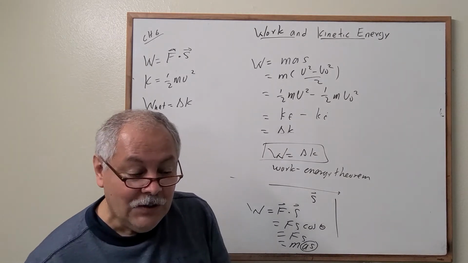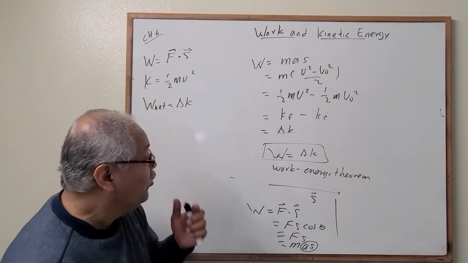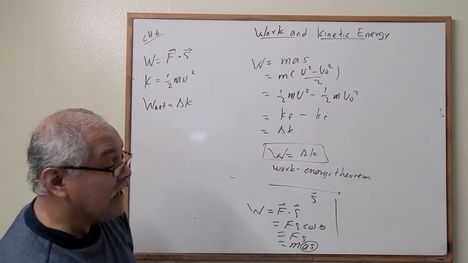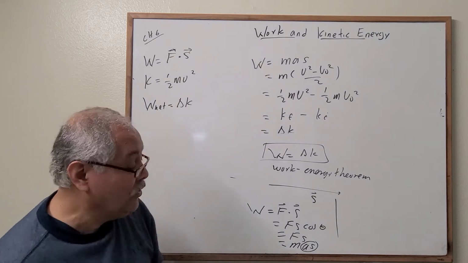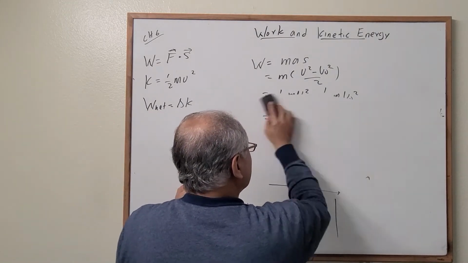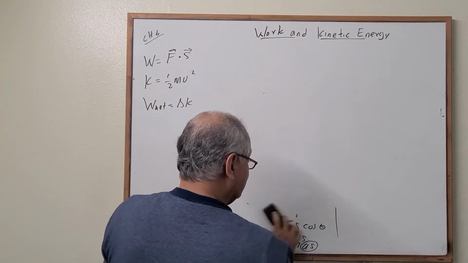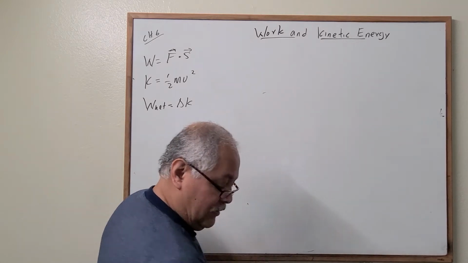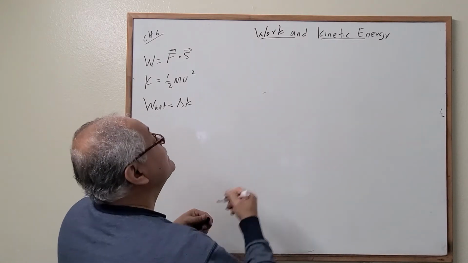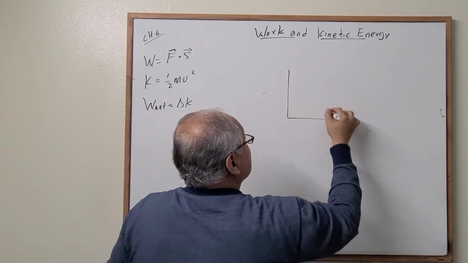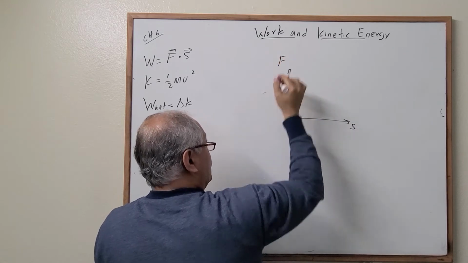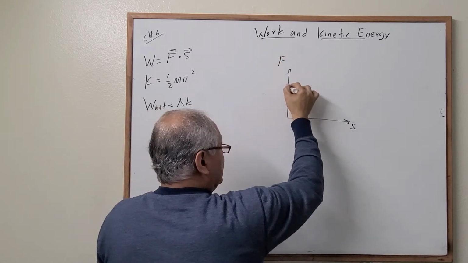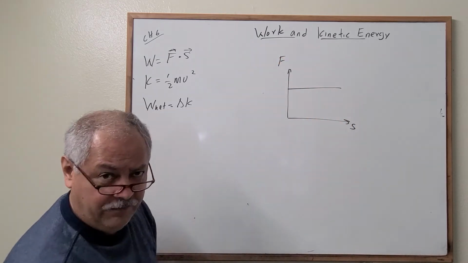Perfect. Now, we mentioned before that for this case, so far, the work force is constant. Okay, force is constant. We can plot this product, correct? This is the distance, and this is the force applied. When force is constant, we create this graph.